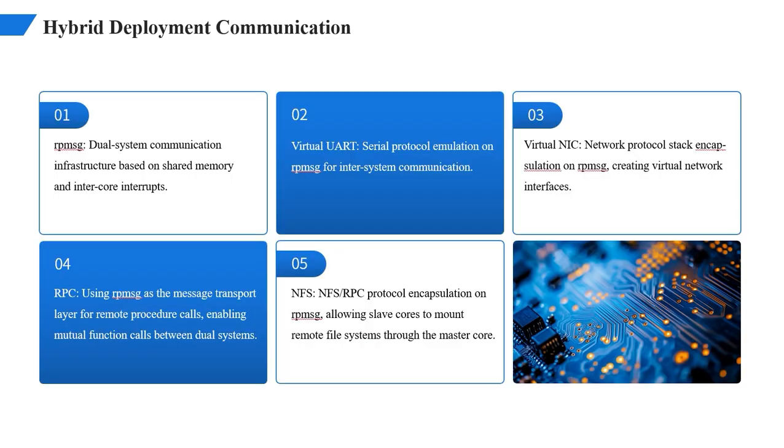And communication between the RT-Thread and Linux subsystems is built on five components. At the lowest layer is RPMsg, our shared memory and inter-core communication infrastructure. The virtual UART emulates a serial protocol over RPMsg, allowing the two systems to communicate as if connected by a physical serial port.